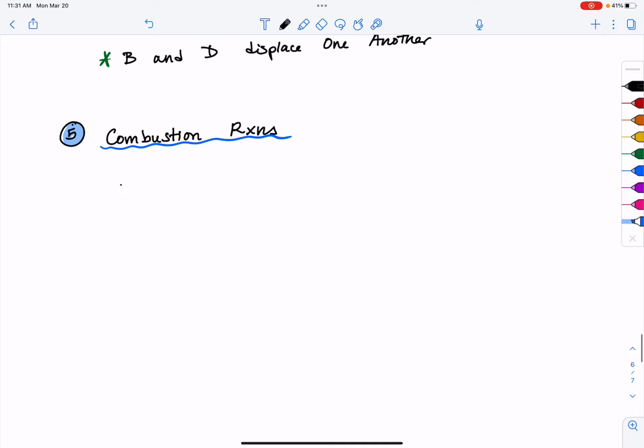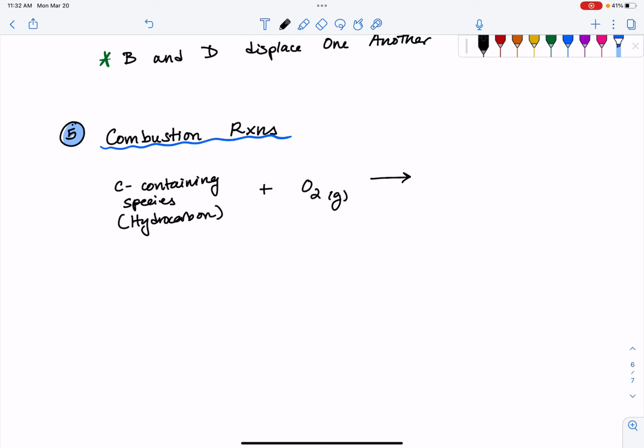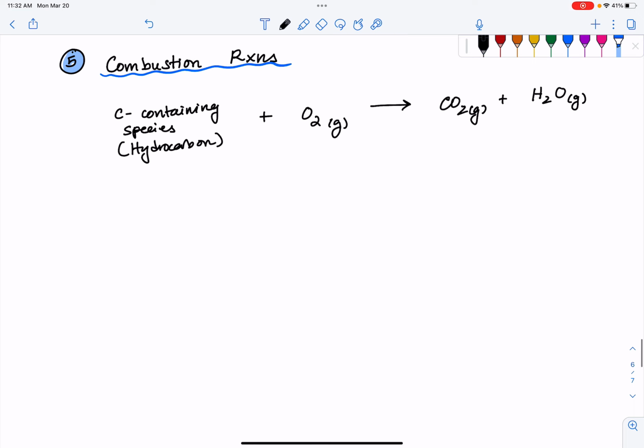So this is some kind of carbon-containing species, almost always a hydrocarbon, reacting in the presence of oxygen gas. Typically, that is present in excess to form carbon dioxide gas and H2O gas or water vapor. And this also generates a lot of heat, which is why we like to use it as human beings.